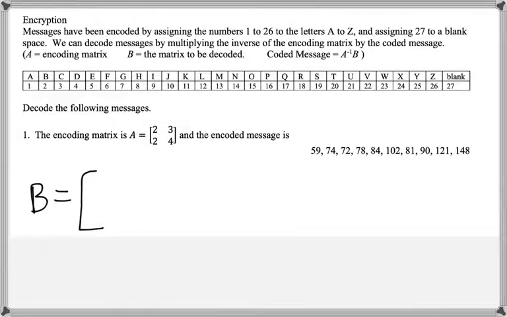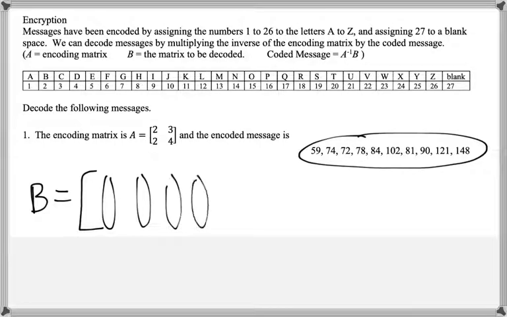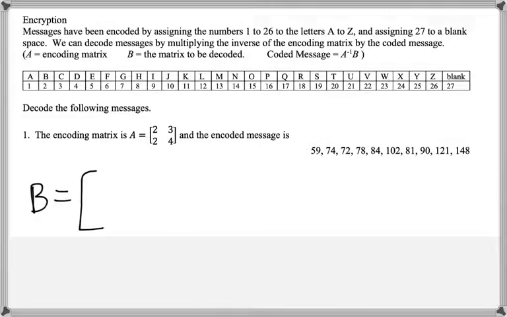I'm going to fill up matrix B with these numbers, and I want to do them column by column. That is very important. The first column will be 59, 74, and then the second column will be 72, 78. So you're filling it up column by column, not row by row.